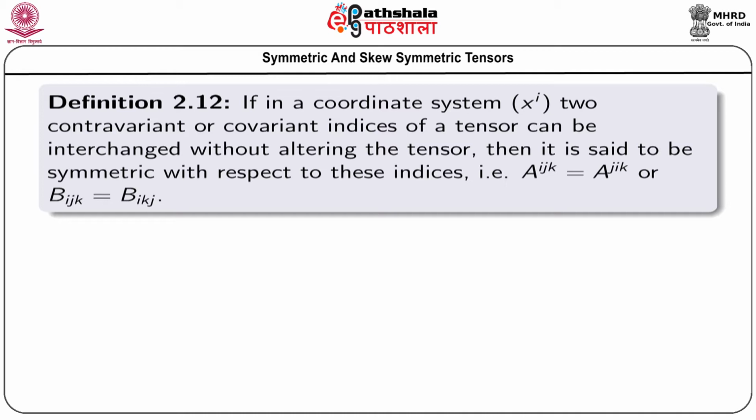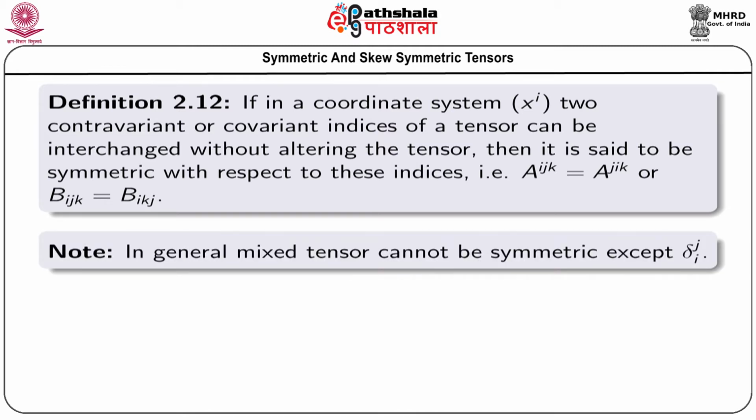That means Aijk equals Ajik, or for a covariant tensor of rank 3, Bijk equals Bikj, then we say that these are symmetric tensors with respect to the two indices i and j for the first contravariant tensor and j and k for the covariant tensor.